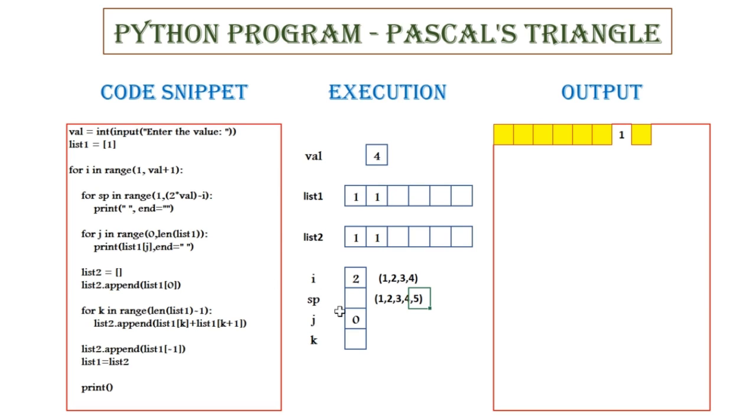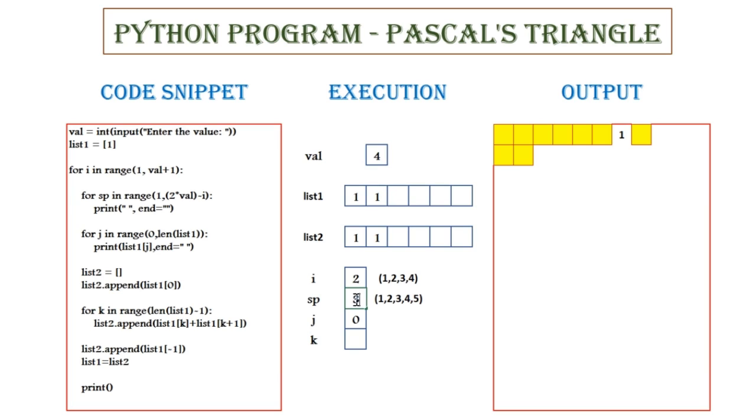And initially the value of SP is going to be the first value which is 1. And here I'm going to introduce these many spaces. So first I'm going to print a blank space when SP is 1 and then I'm passing this end argument which says that I'm going to print on the same line. The value of SP next becomes 2 and I'm going to print one more blank space.